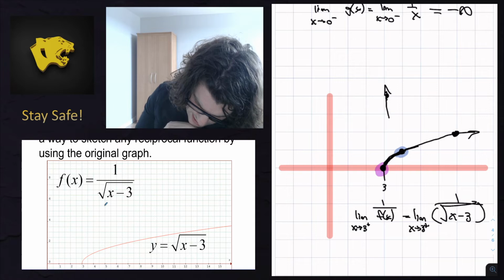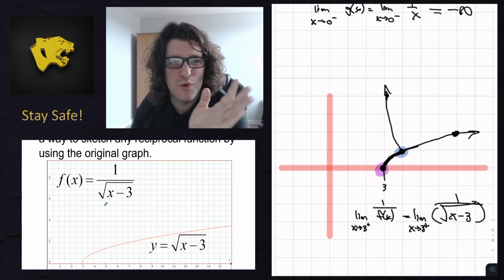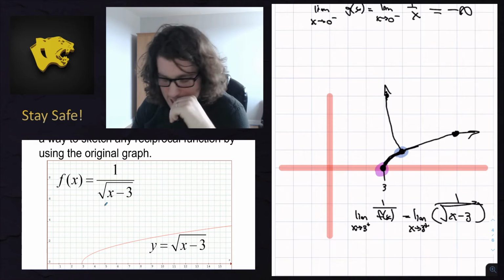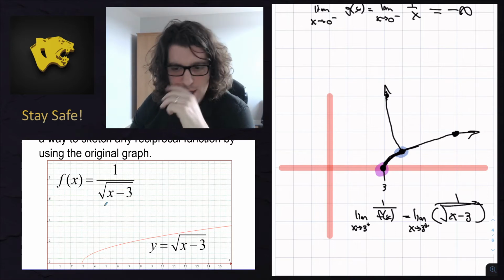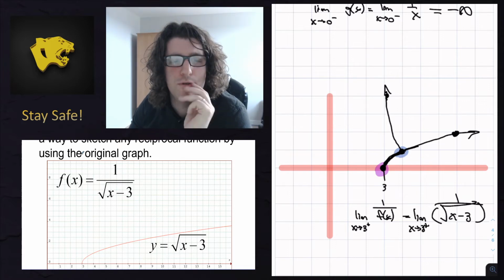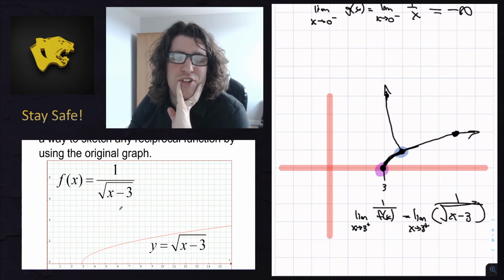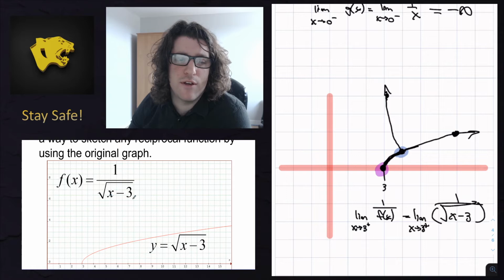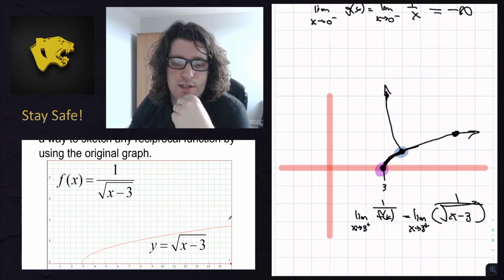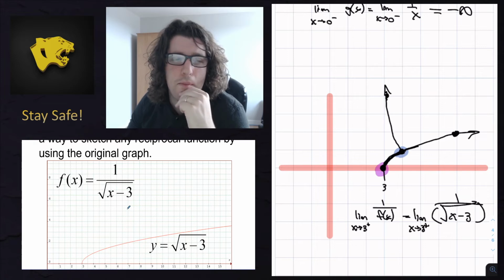I could kind of cheat a little bit and know that, according to the last one, it seemed to be all nice, smooth, connected, which it's going to be the case here too. If we look at this function, 1 over the square root of x minus 3, the only thing that would make this not work is if the square root is negative or the denominator is 0. Once you get values greater than 3, which is where this thing is defined in our picture, there's no domain problem.